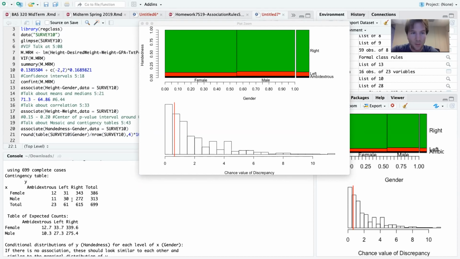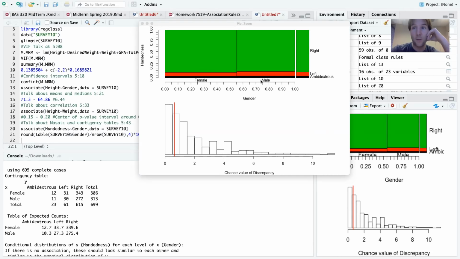I'm using these numbers right here, and please tell me if I'm wrong. There are 31 females who are left-handed. There are 343 females who are right-handed, and 272 males who are right-handed. Total, there are 615 right-handed people, 61 left-handed people, 23 ambidextrous people, and there are 386 females and 313 males. That's what all those numbers mean right there.